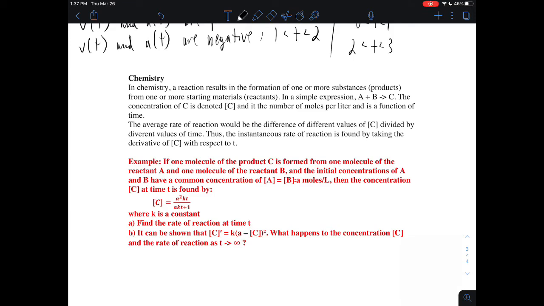[C] is equal to a squared kt divided by akt plus 1, where a, again, is the concentration of both A and B, and where k is just a constant.